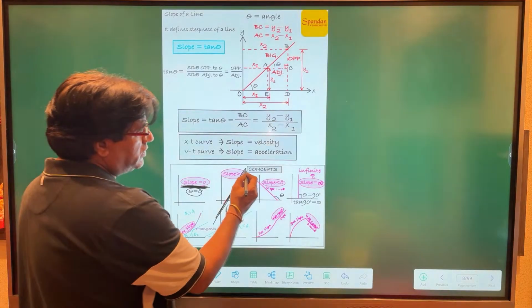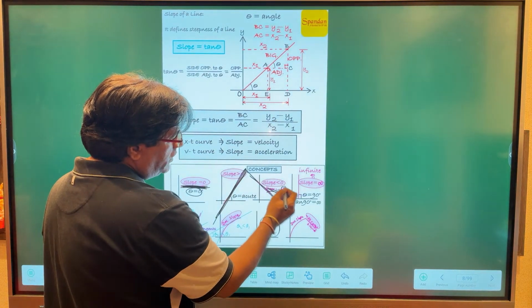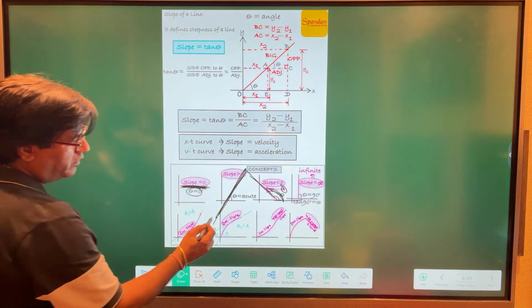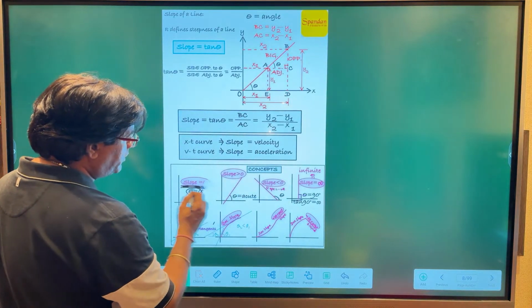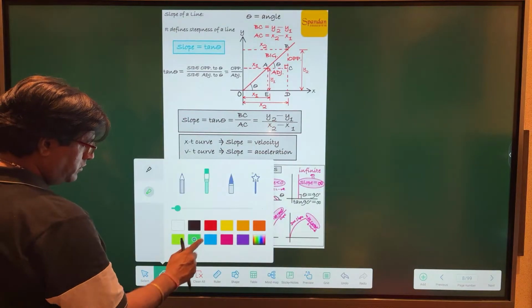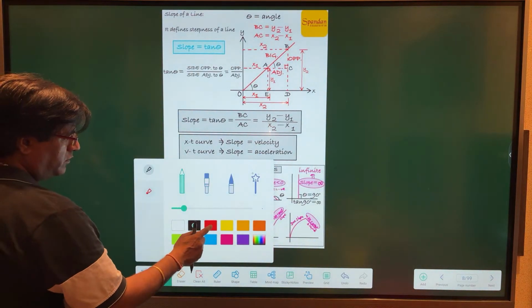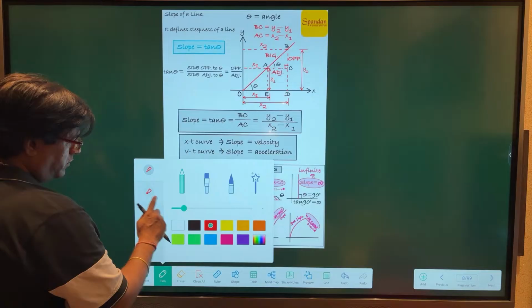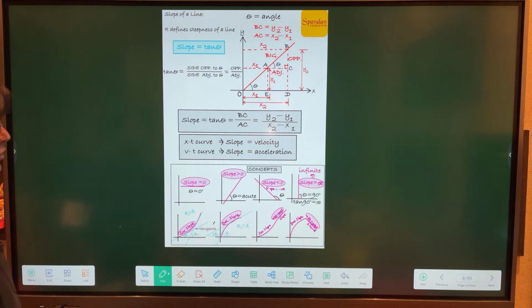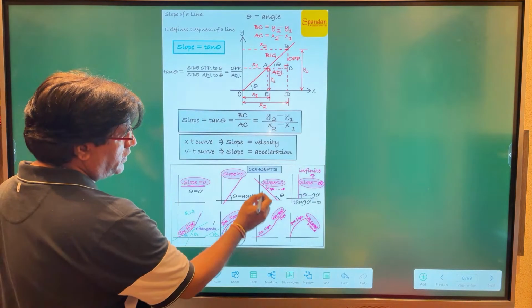Now suppose this line makes an angle theta which is obtuse. What will be the slope? Then the slope will be negative. Understand? ठीक है, so here we are getting a negative slope.